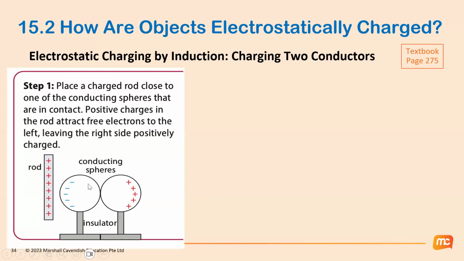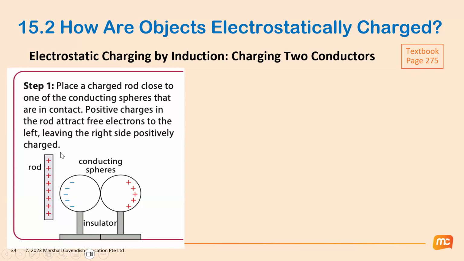Because they are conductors, the charges can easily move out of them, so I do not want the charges to move out to the ground. So I put them on insulating stands. These two spheres are touching each other, so the charges can move easily within the two spheres. And remember, again, it's the negative charges that move, not the positive charges.